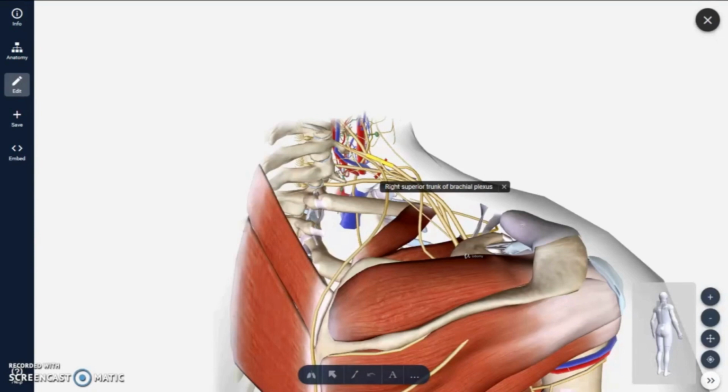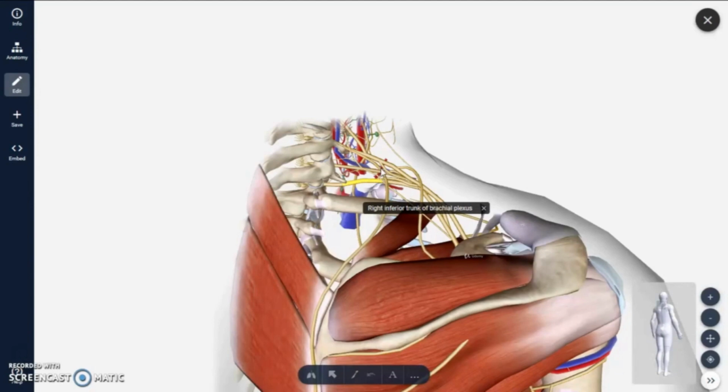Then we have C7, which forms the middle trunk. So C5 and C6 form the upper trunk, C7 alone forms the middle trunk, and then here we have the inferior trunk formed by the C8 spinal nerve along with the T1 spinal nerve. So this is the inferior trunk.